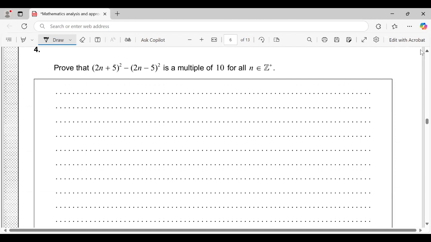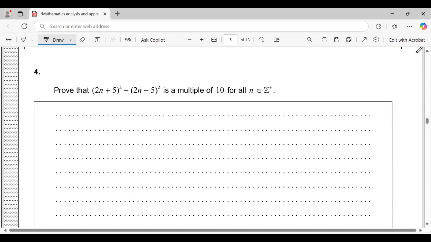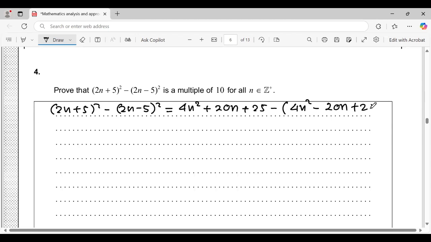Number 4, prove that (2n plus 5) squared minus (2n minus 5) squared is a multiple of 10. I will expand. This expression becomes 4n squared plus 2 times 5 times 2n, which is 20n, plus 25, minus 4n squared minus 20n plus 25.